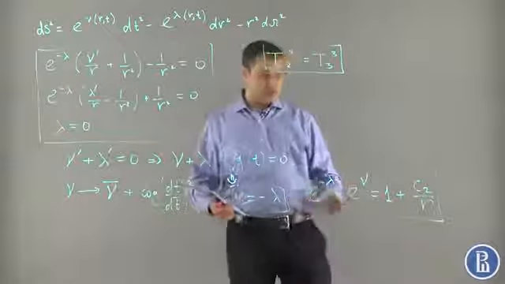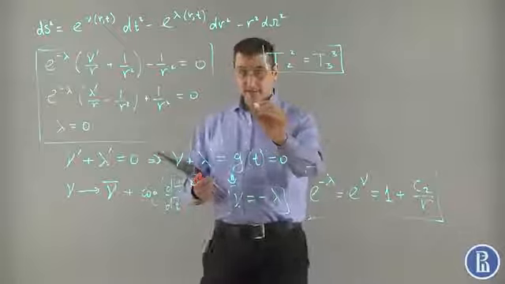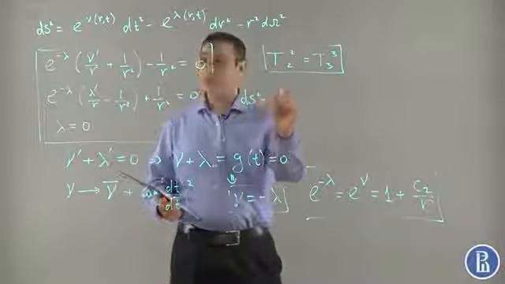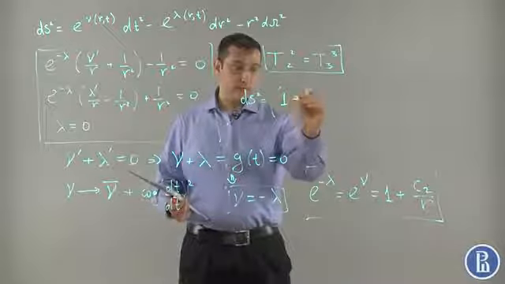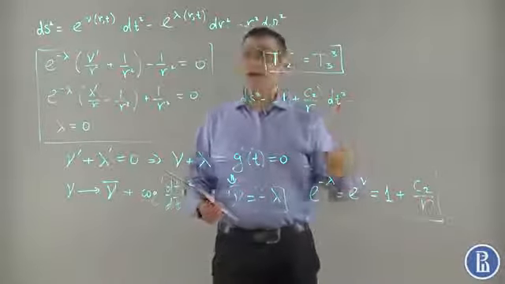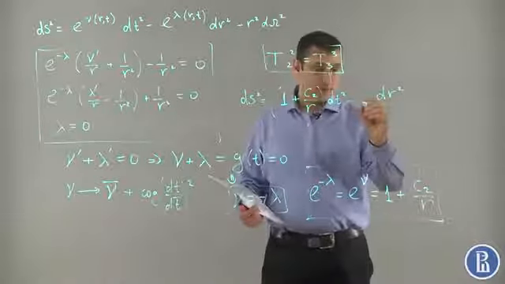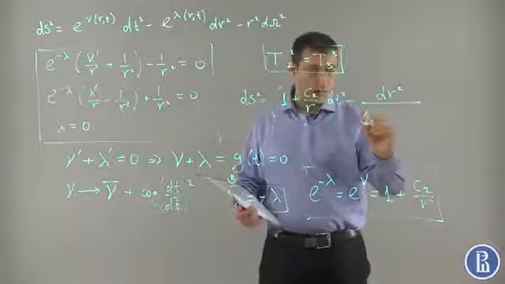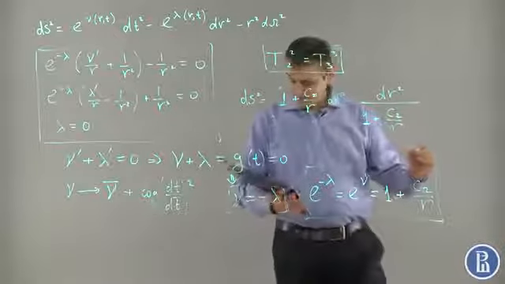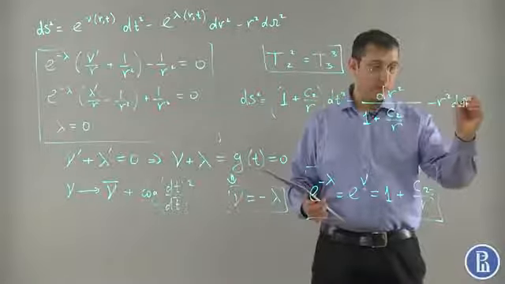But if C2 is not equal to 0, then the metric under consideration has the following form: 1 plus C2 over r dt squared minus dr squared divided by 1 plus C2 over r, minus r squared d omega squared.